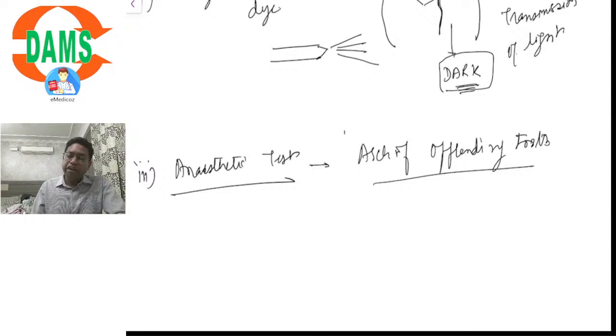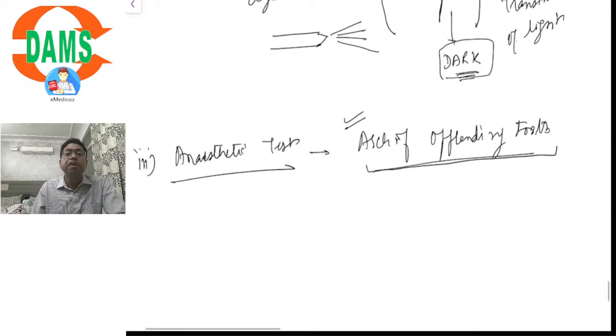Then we have to identify the arch, whether the pain is coming from a maxillary or a mandibular tooth, or it is a non-odontogenic pain. Then we can use the anesthetic test. So what is the basic purpose of anesthetic testing? To identify the arch of the offending tooth. Offending tooth means a tooth which is causing pain to the patient.